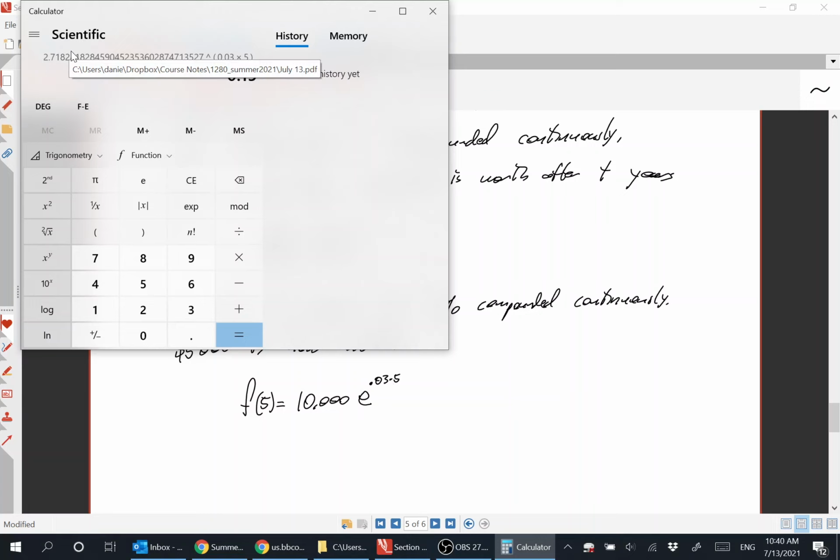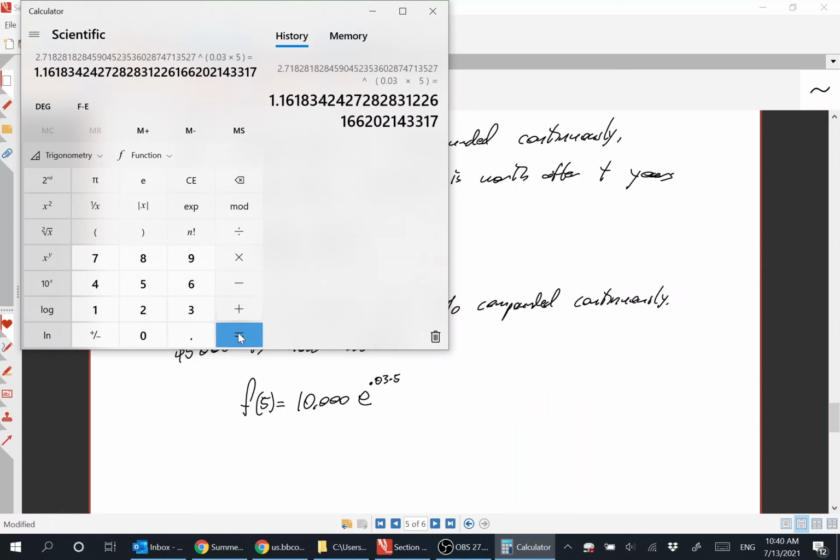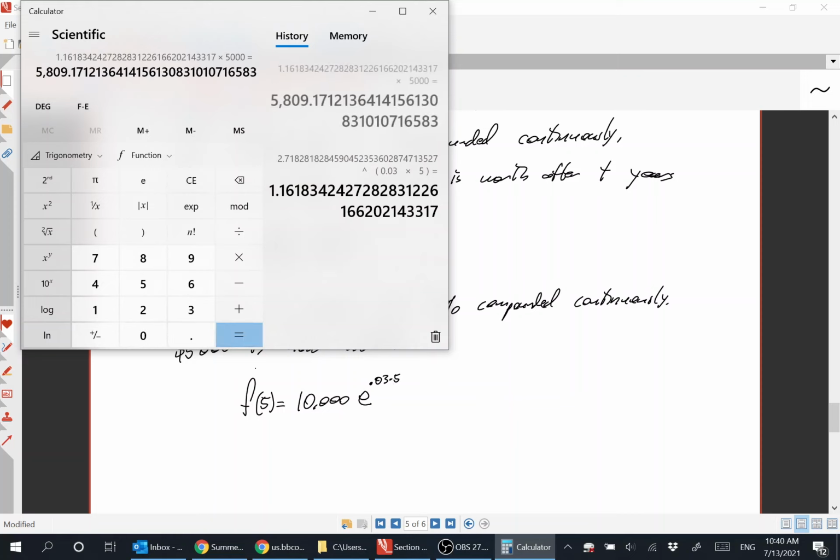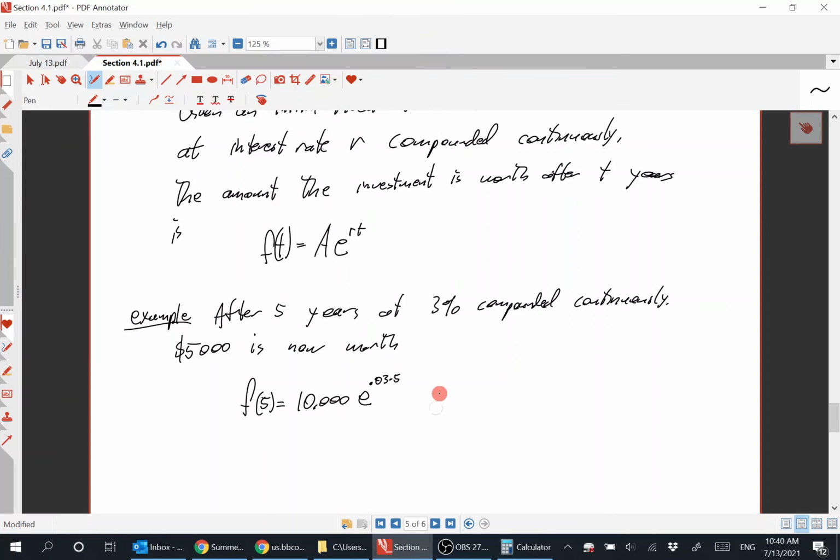So this is the E right here to the exponent 0.03 times 5 equals that. The whole thing times 5,000 equals $5,809.17.